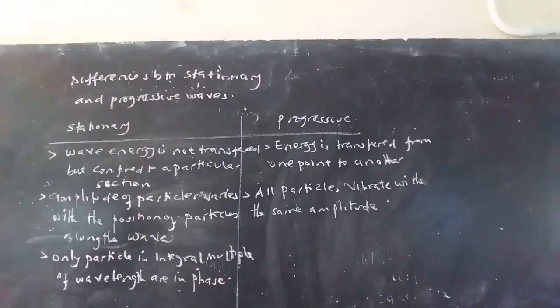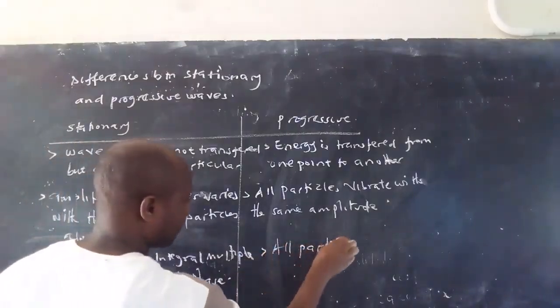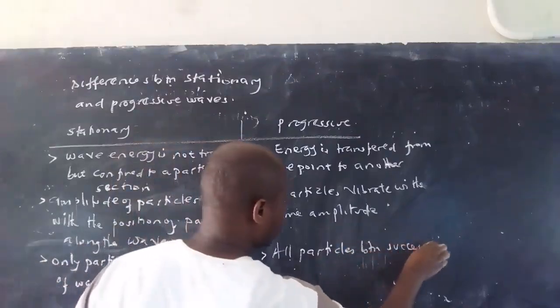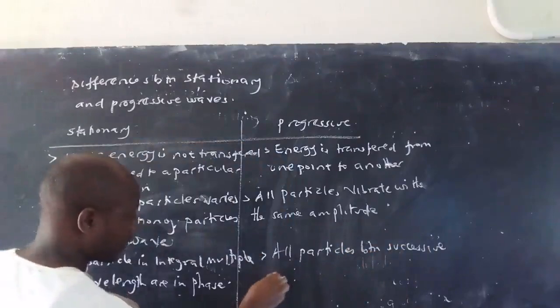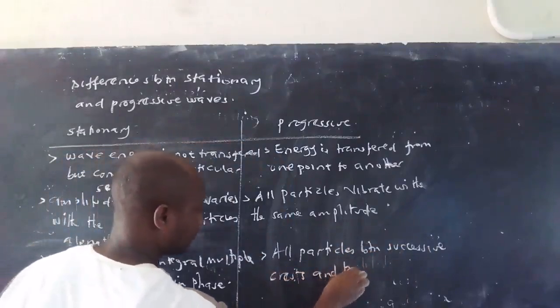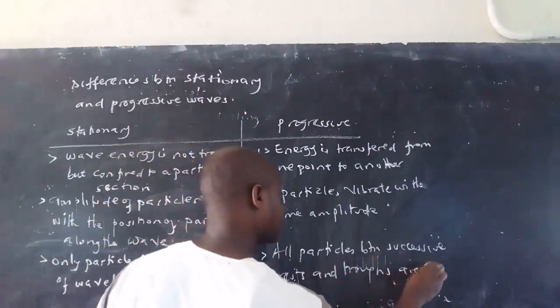And in progressive waves, all particles between successive crests and troughs are in phase.